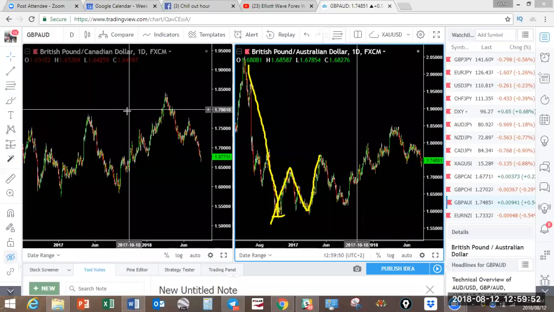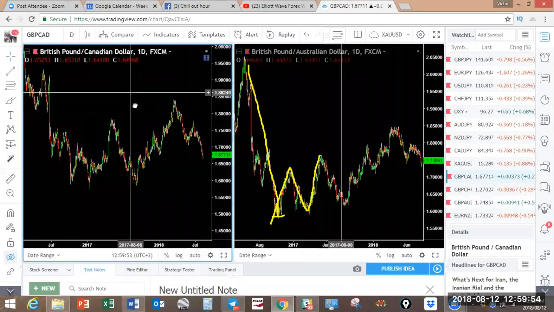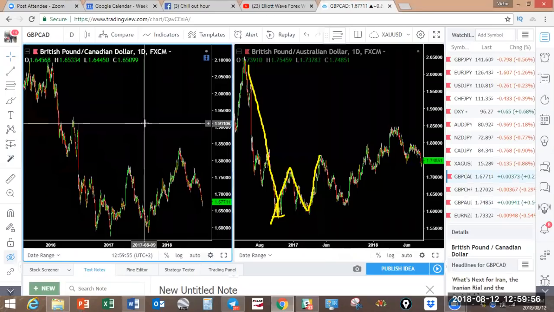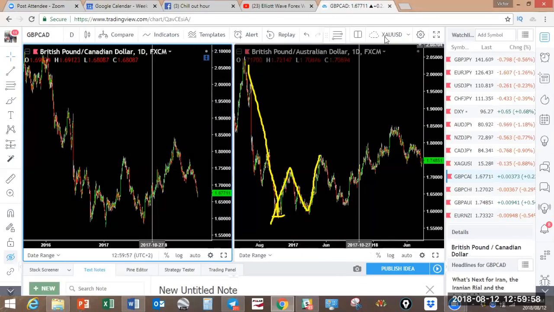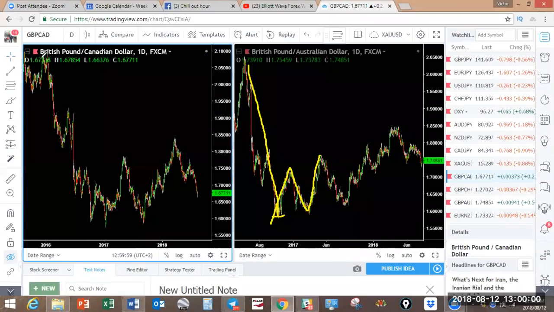So the same thing happened on pound CAD, but pound CAD, okay, as much as you had that swing low to swing high to swing low coming down like this, what you're having is that you are only having the three-wave structure on pound CAD now. 1, 2, 3.